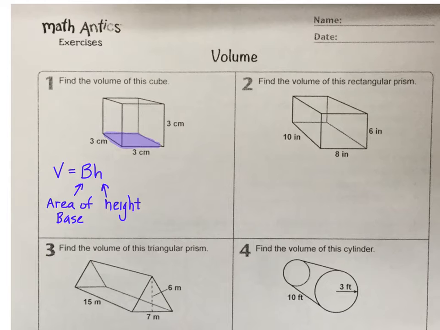All right, the first shape we have to find the volume of is a cube. If you look on the other side, the volume of a prism is volume equals big B, which means the area of the base, times the height. I colored the base in purple. To find the area, we do length times width.